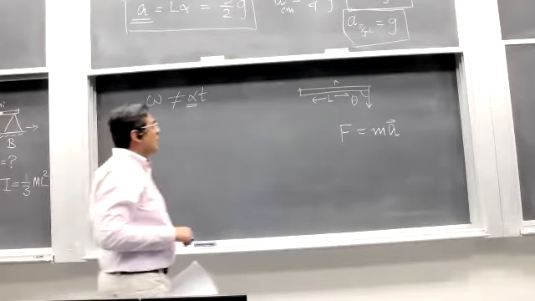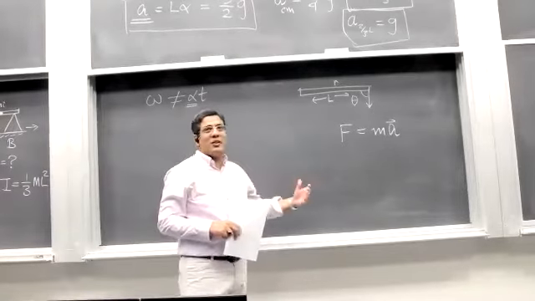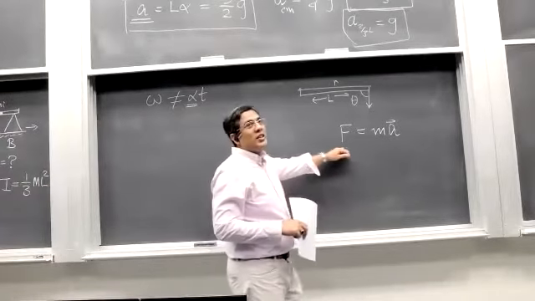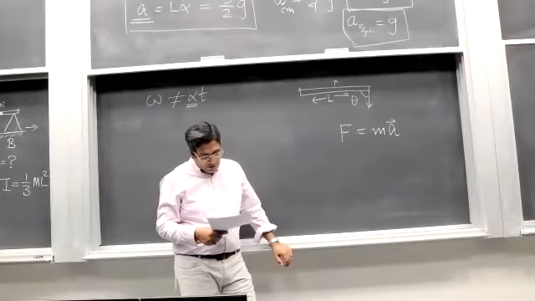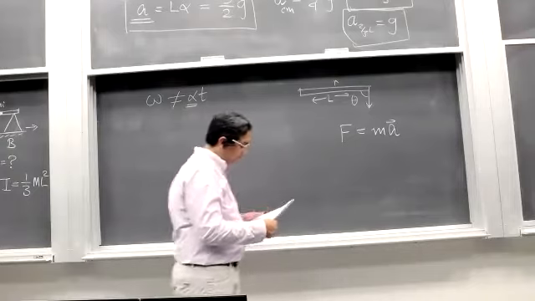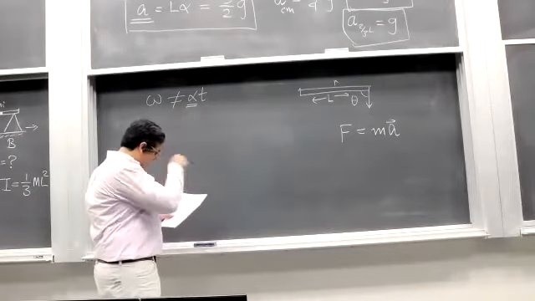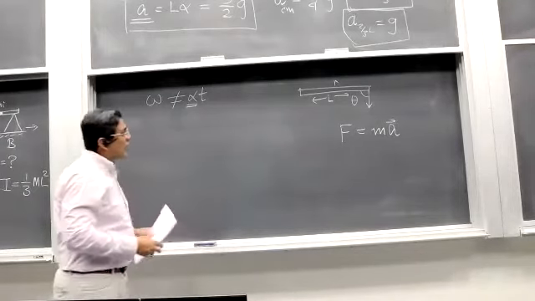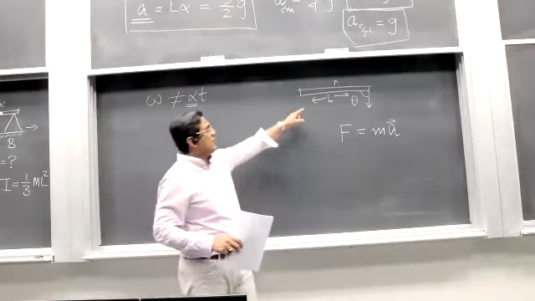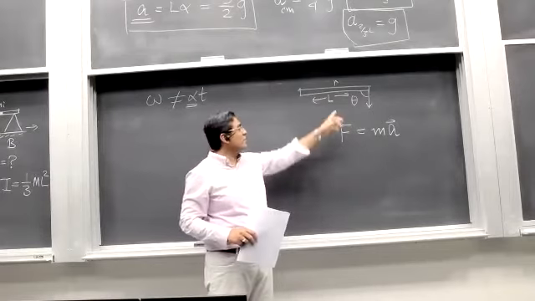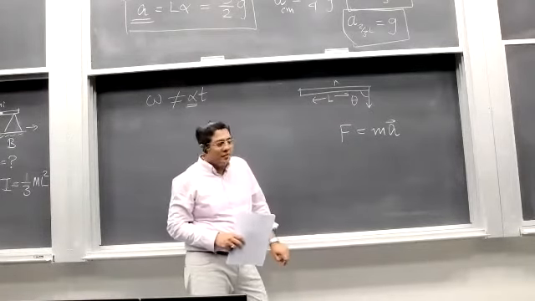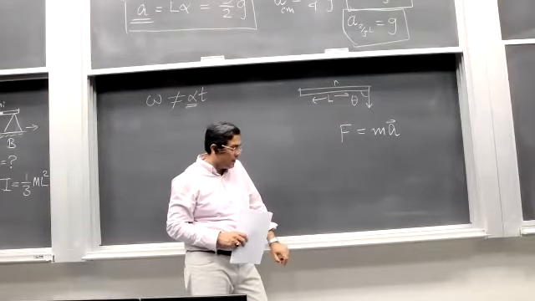We developed a new formalism where we didn't have to deal with the force, because force became position dependent. So now we have a torque which is position dependent. The torque is changing as the angle changes. Position dependent or orientation dependent, you can call it whatever way you like.